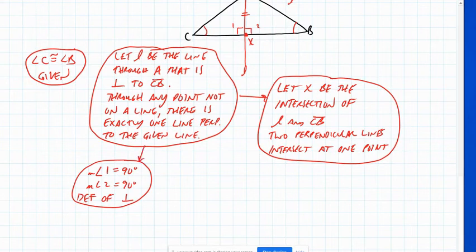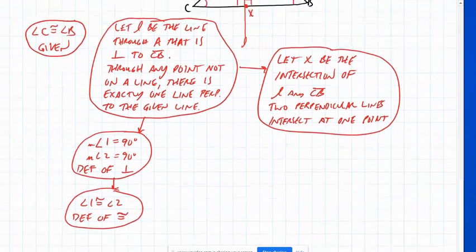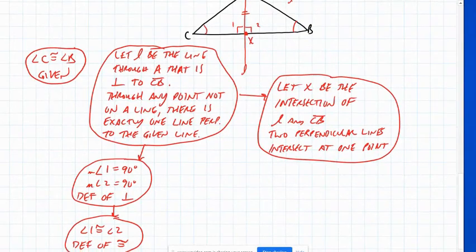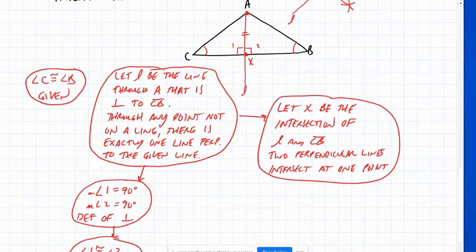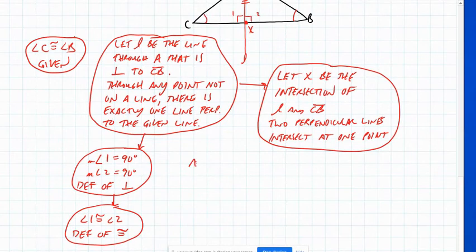So the perpendicular lines led us to that, and then we can say angle 1 is congruent to angle 2, by the definition of congruent: angles with the same measure are congruent. Now we have angle 1 congruent to angle 2, and we can also say that AX is congruent to AX. That's the reflexive property.